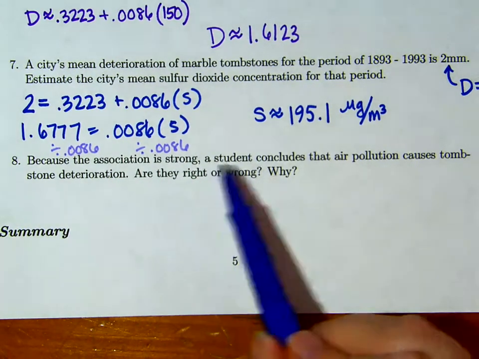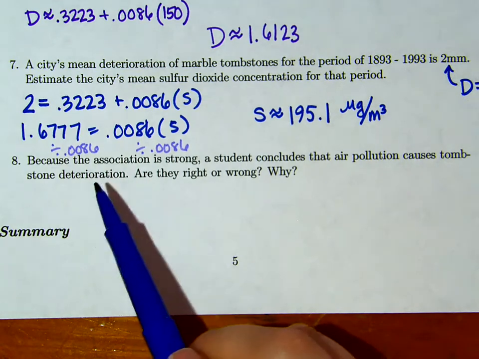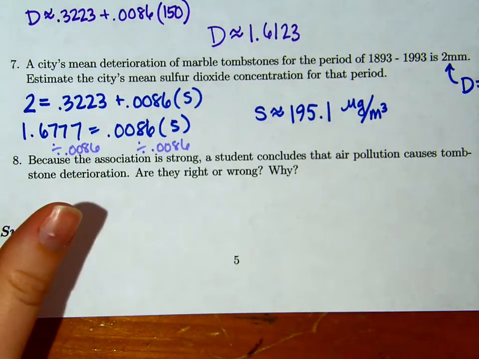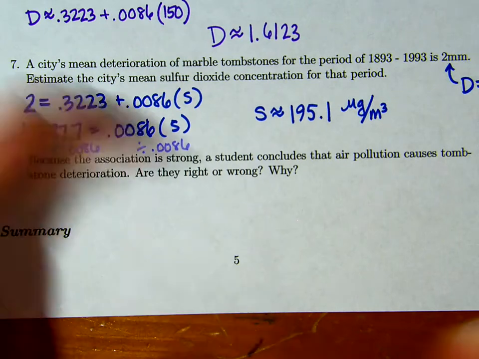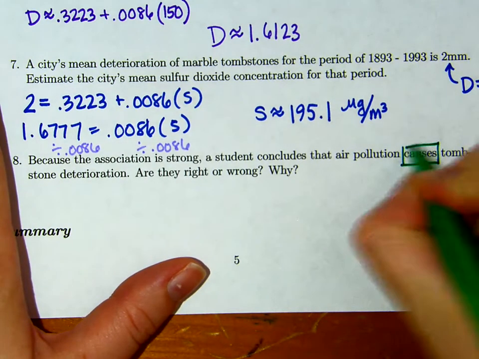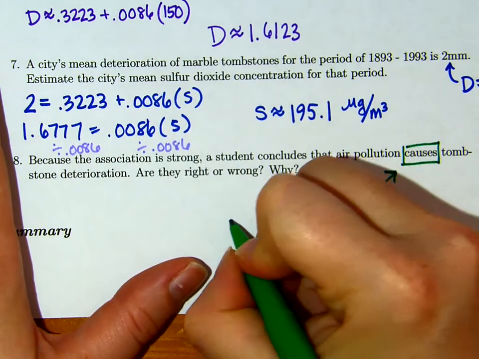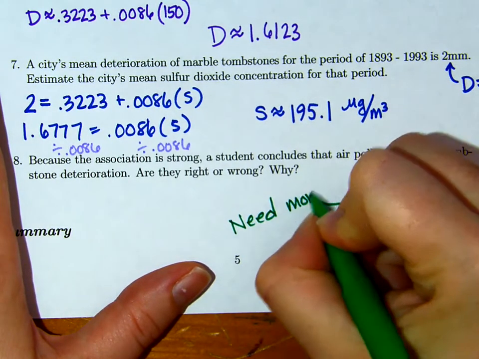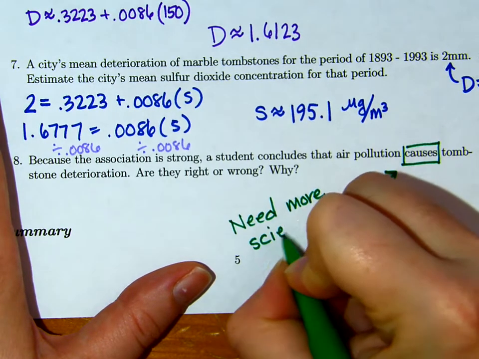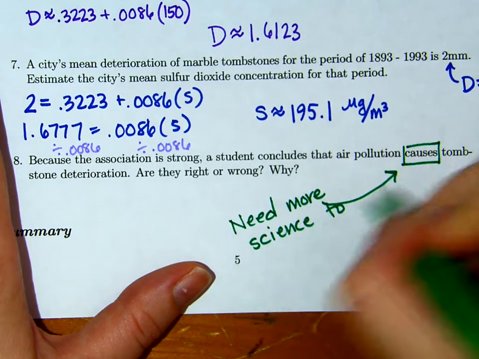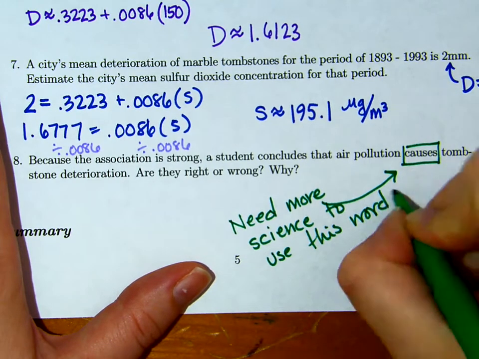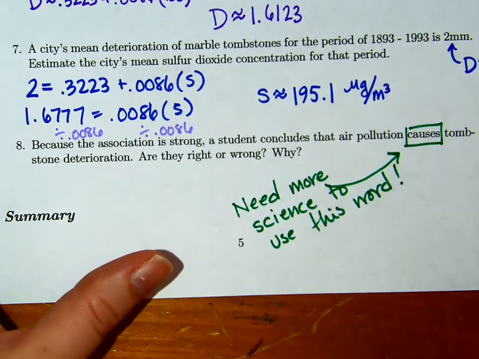Because it's strong, the student concludes it causes the deterioration. Now, I'd be very careful about this word causes again. If you are going to make this claim, you are going to need more science to prove it, to use this word. I would say to that student, careful, do you have the science to back that up?